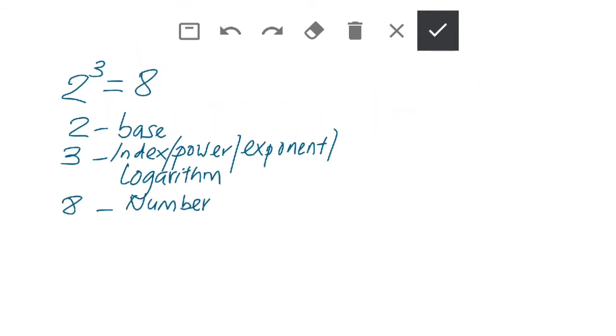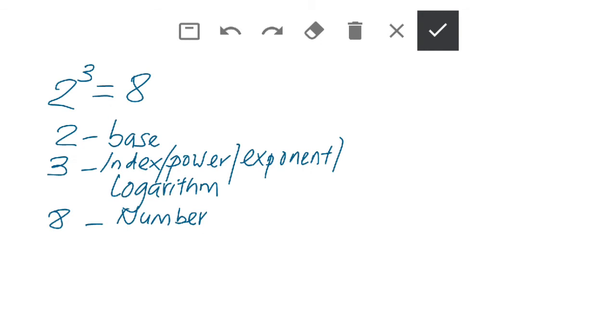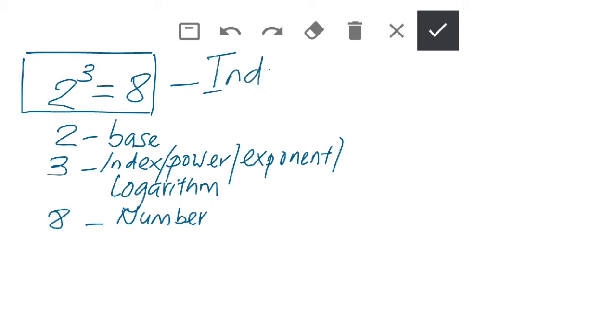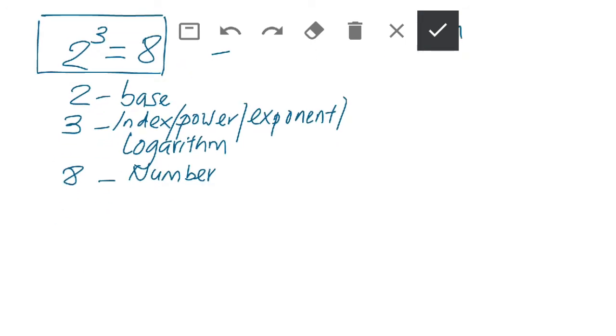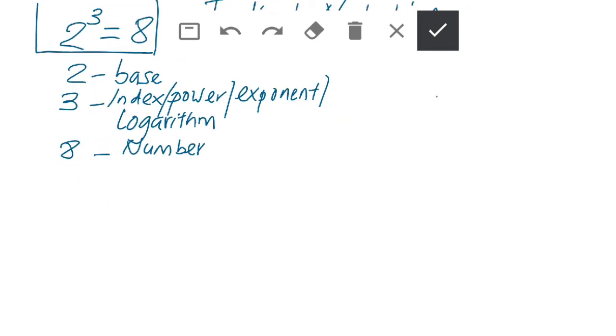So this way of expressing numbers such that when you say 2 cubed equals 8 is what is called the index notation, from the word index.